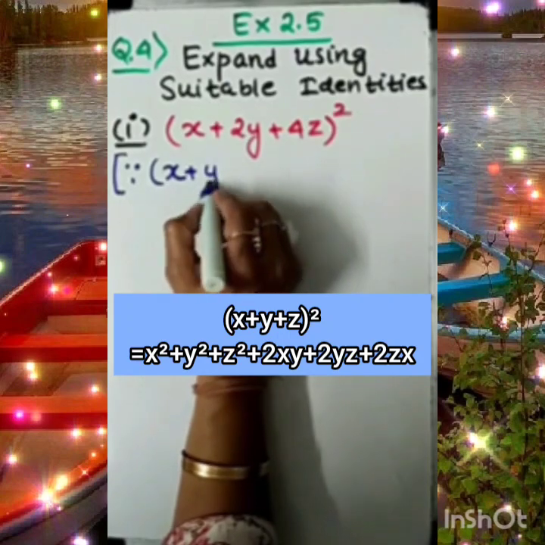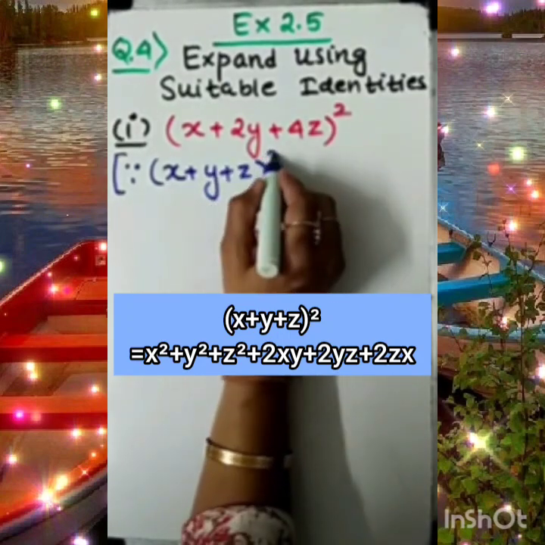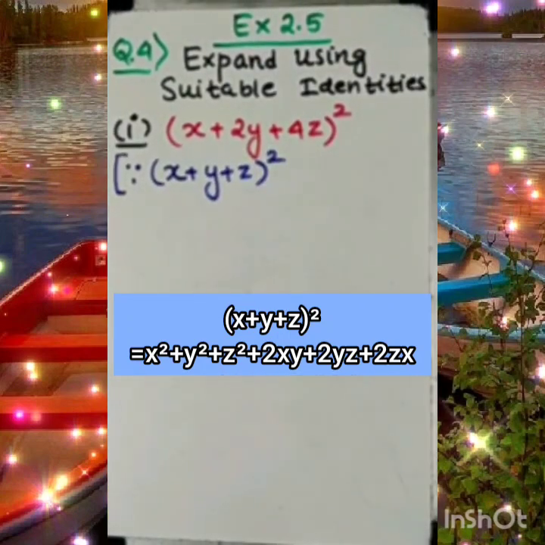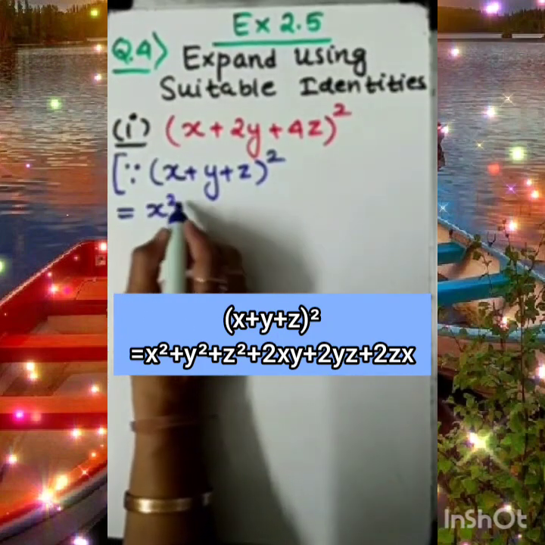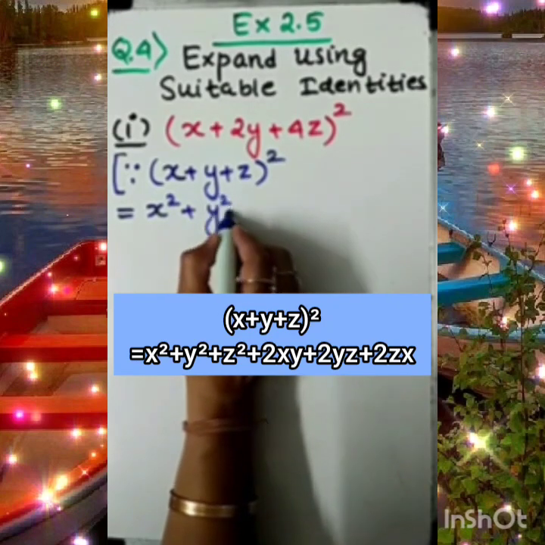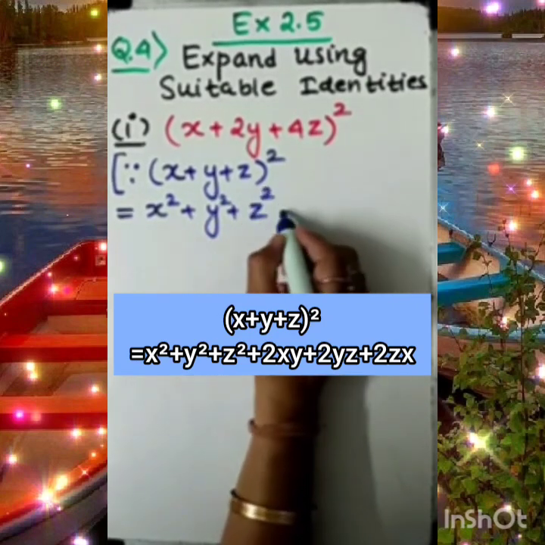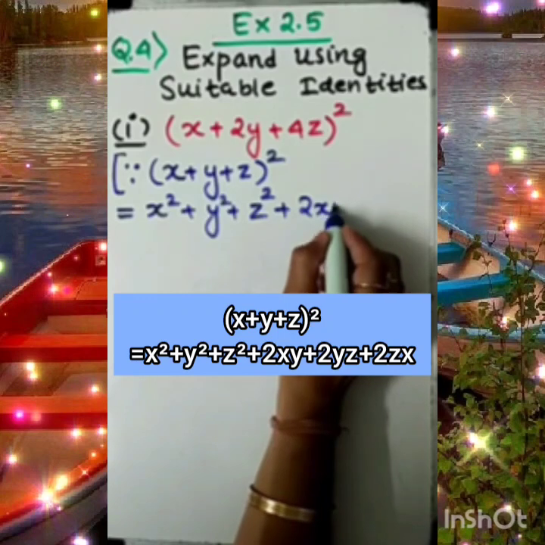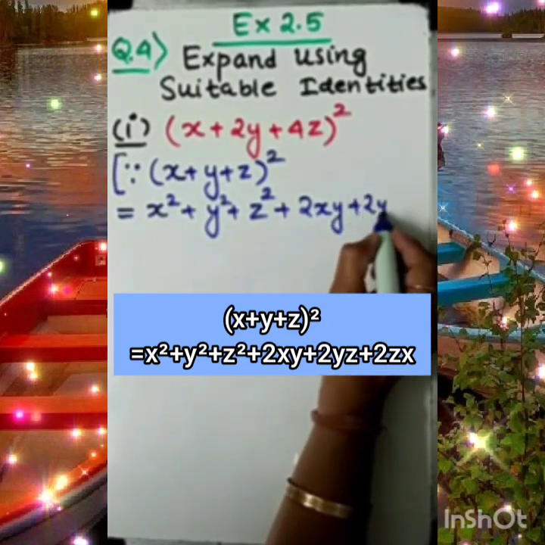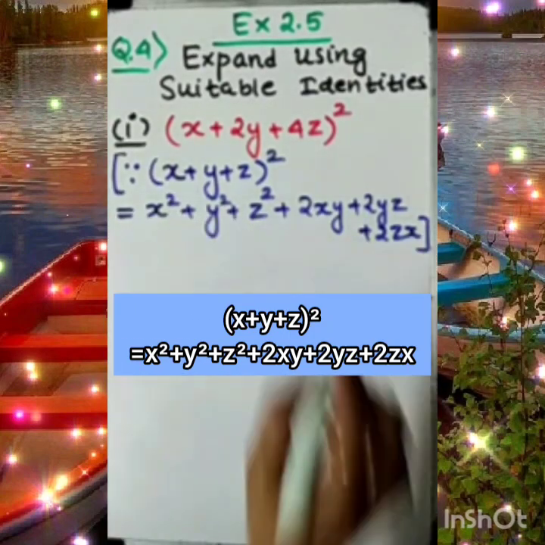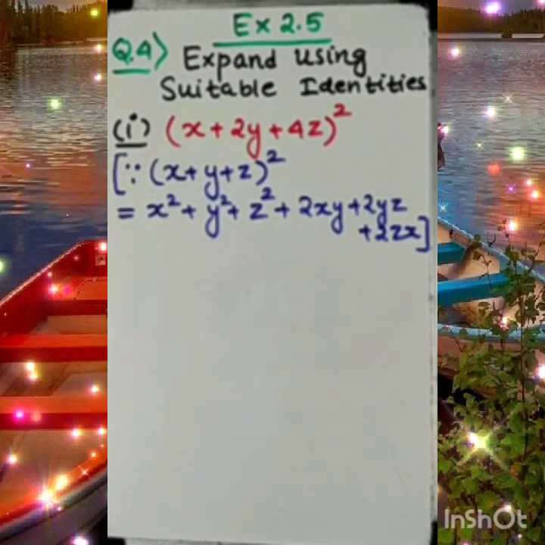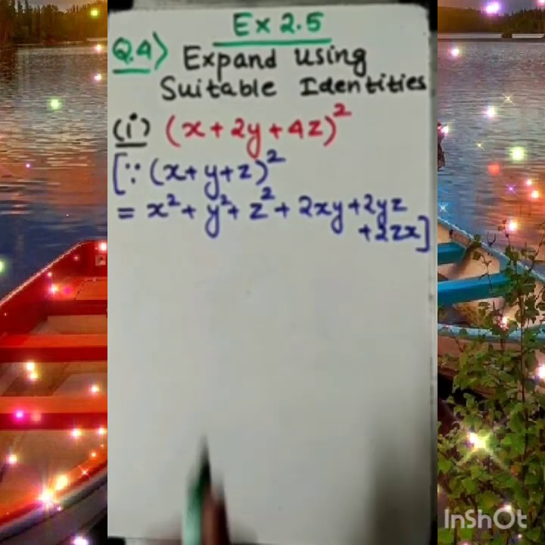The identity is (x + y + z) whole square, that is equal to x square plus y square plus z square plus 2xy, plus 2yz, plus 2zx. This is the real identity that we call squaring of a trinomial. Now this identity we are going to apply.